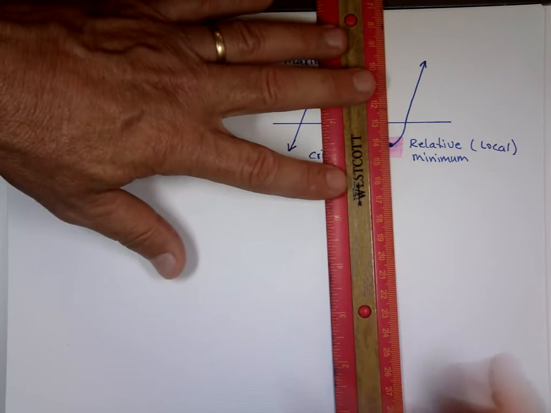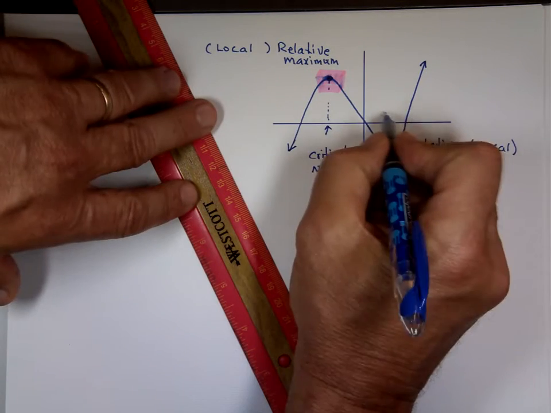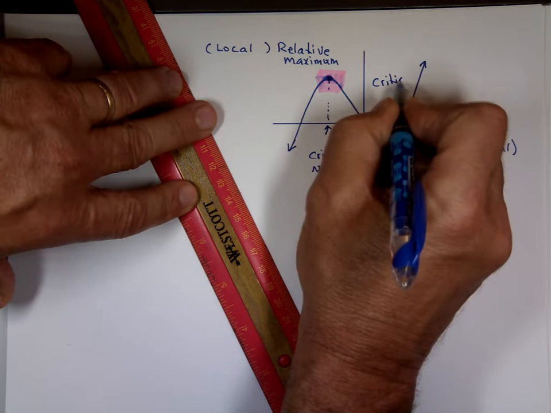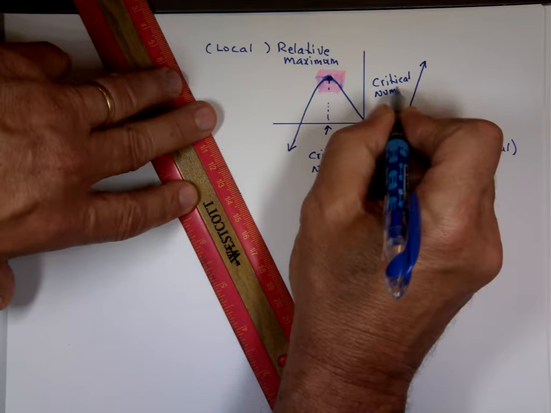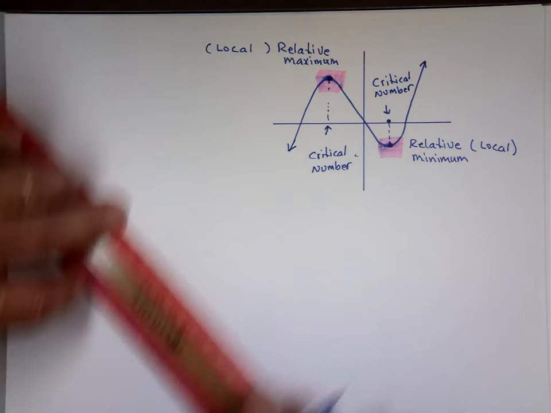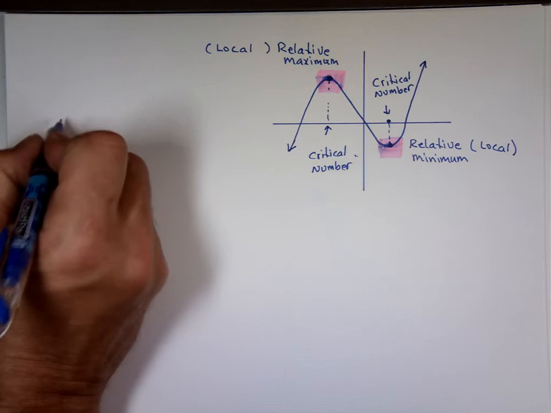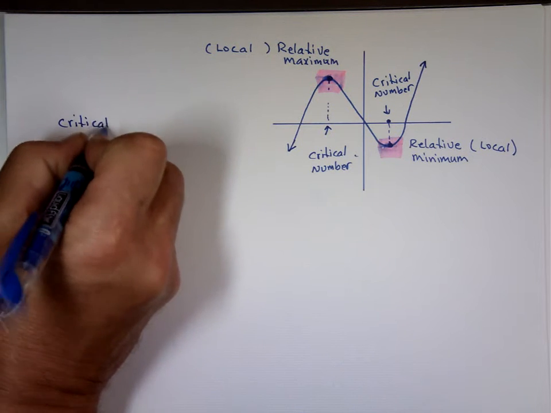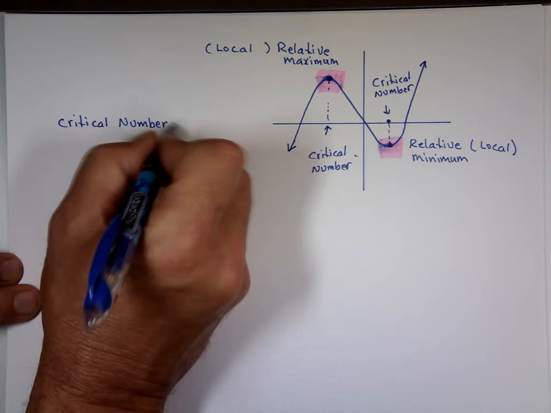And this value here, the x value where you have the absolute min, absolute max, is also known as the critical value. So, critical number. Mathematically, if I ask you to find the critical numbers, it might be more than one. Look at the picture.